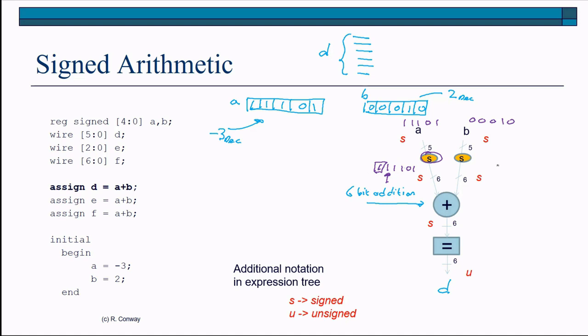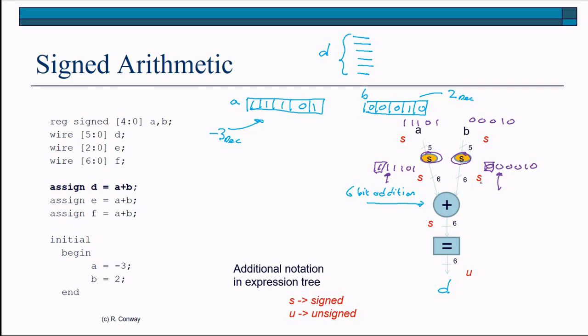We do the same over here, take our 5-bit value. We need to extend that to 6 bits, so we need 1 extra bit. And because we're doing a sign extension, we look at the most significant bit, which is a 0, and we replicate that.